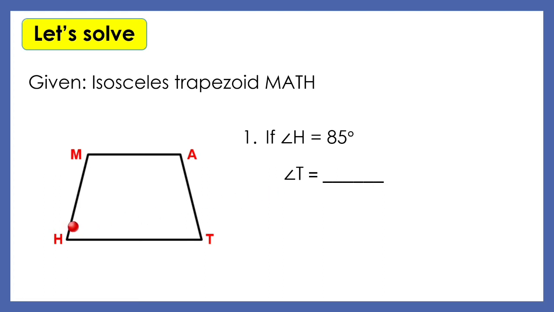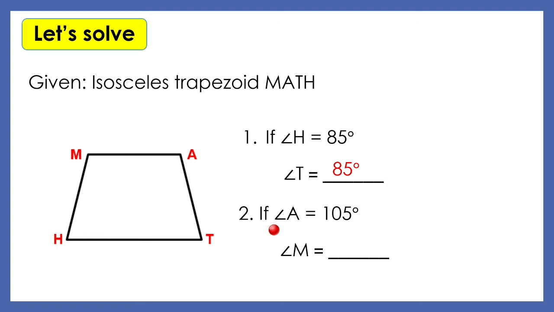So this is our angle H, which is 85 degrees. What is the measure of angle T? Our answer is 85 degrees because of the first theorem on isosceles trapezoid. The base angles of an isosceles trapezoid are congruent.